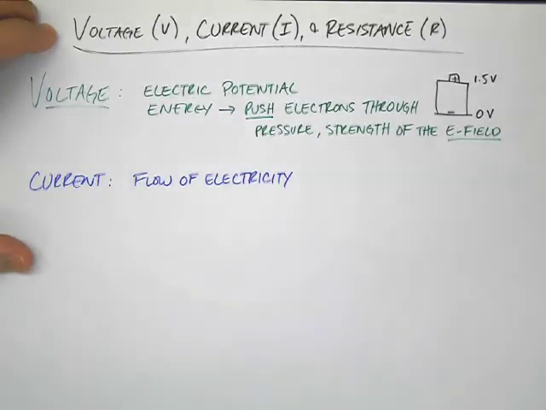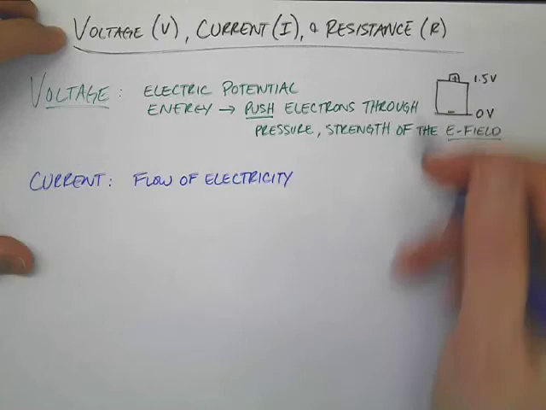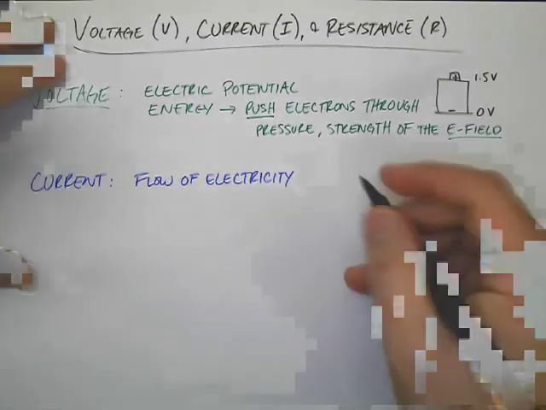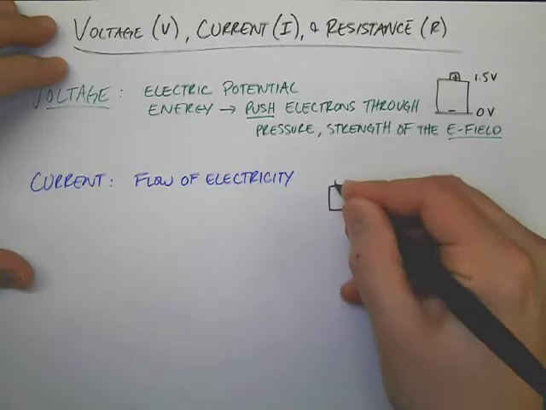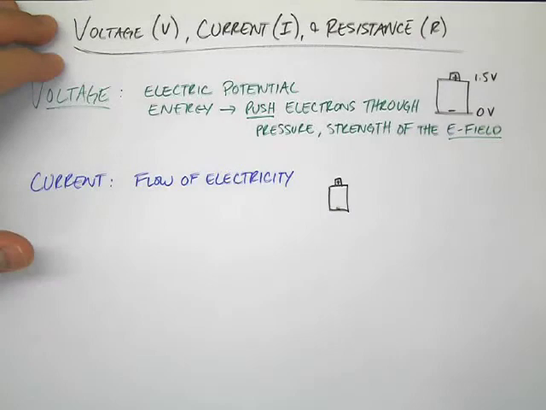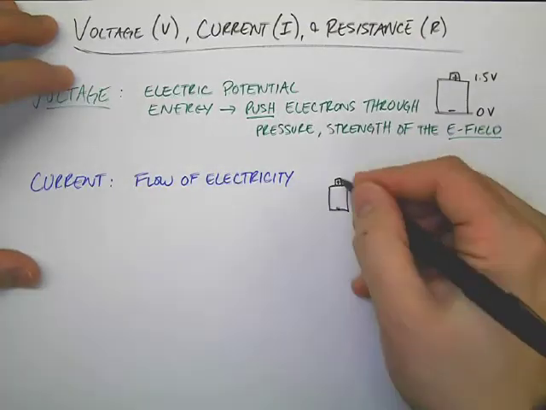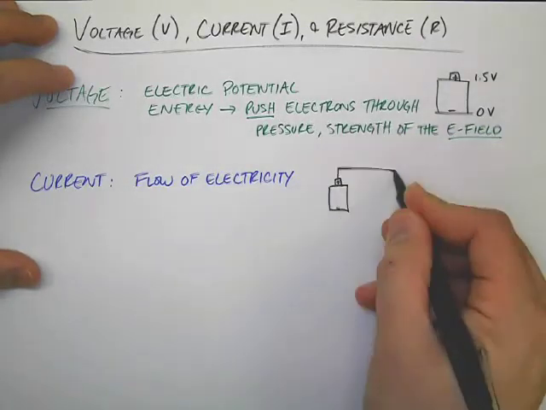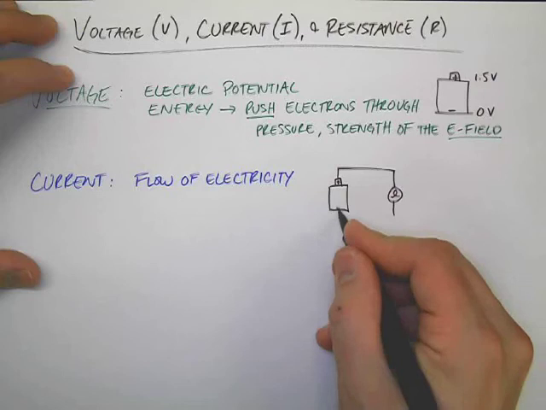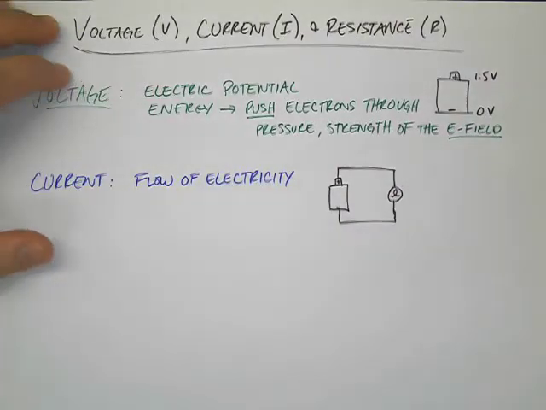So, in terms of our battery and a basic circuit, if we have a battery that has a voltage, so it has some electric potential energy to be able to push current through a circuit, and we use, let's say, a light bulb, that's a symbol for a light bulb, and we connect that light bulb to both sides of the battery.